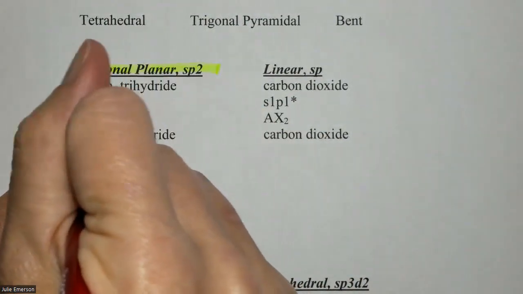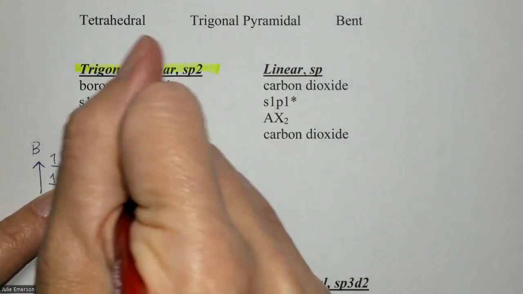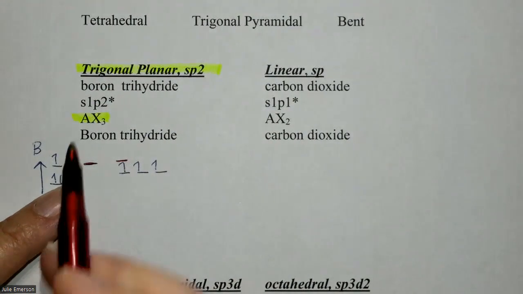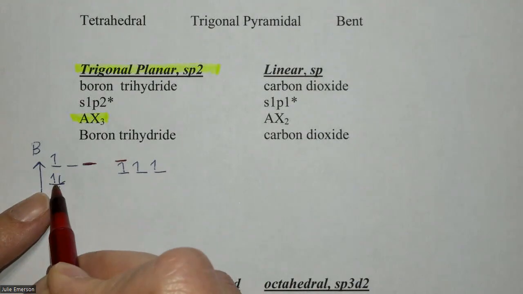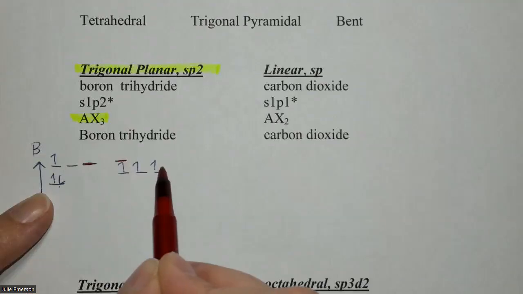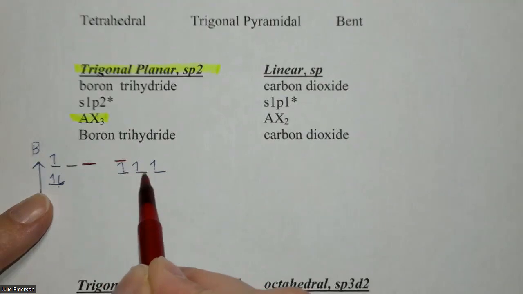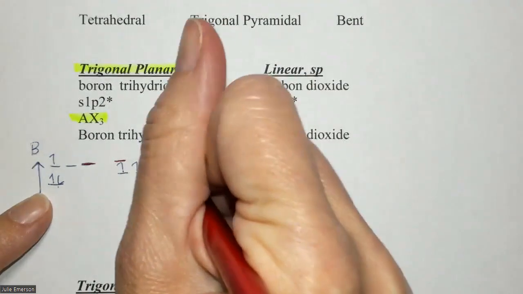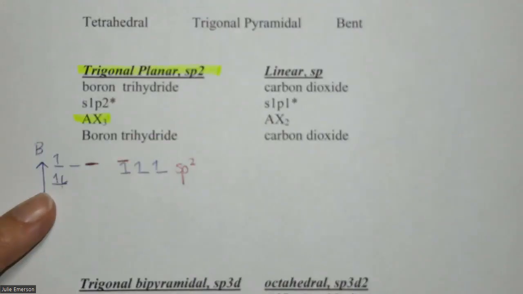Okay, so I'm going to draw it like this. That other P orbital is still just up here hanging out empty by itself, not used. We only need 1, right? These 2 electrons, they split apart, and then this one goes here. So there's my 1, 2, 3 bonding sites, extra P orbital just left over for who knows what. So that's why this is just an sp2 orbital hybrid.